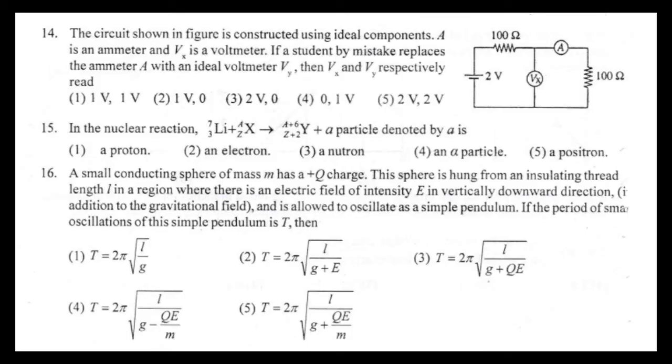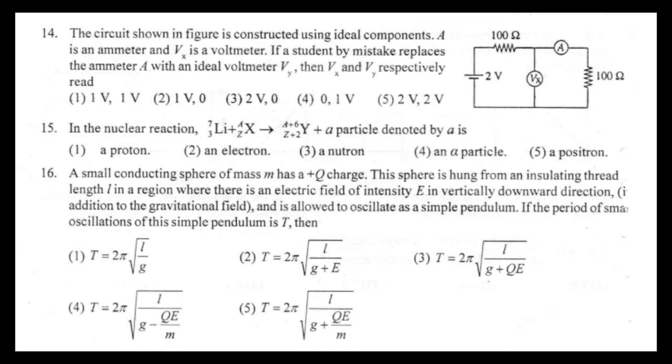So the circuit is shown in the figure, and a student by mistake replaces the ammeter with an ideal voltmeter. So now in place of the ammeter there is a voltmeter. Voltmeters are ideal components, having very high resistances, so no current will pass through the voltmeters.